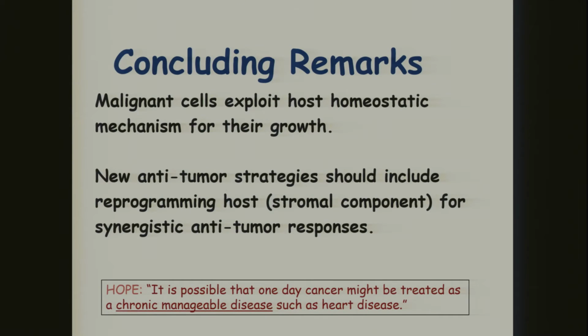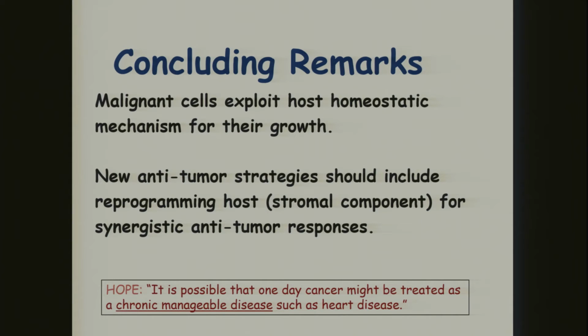So at the end, all I can say is, I hope you understand that these malignant cells exploit the host homeostatic process for their growth. They are very smart. They can bypass or survive any insult you can give them. And I hope that anti-tumor strategy should include reprogramming the host component for synergistic anti-tumor response.